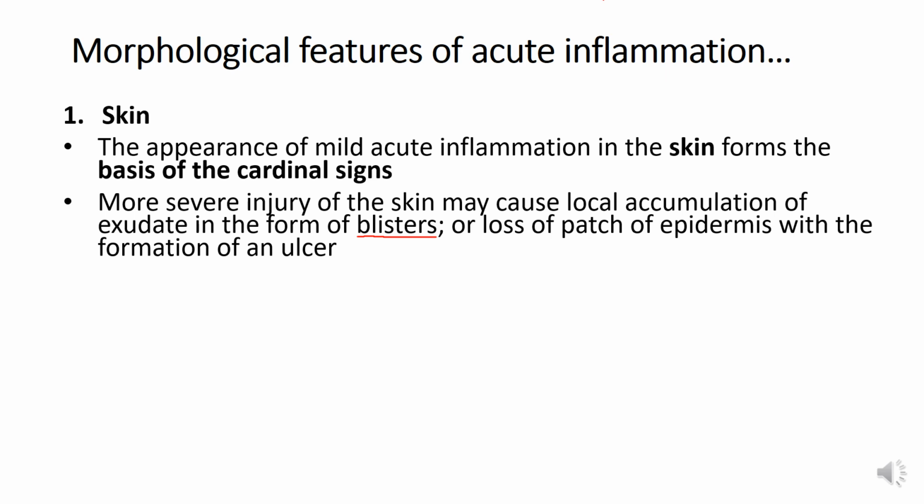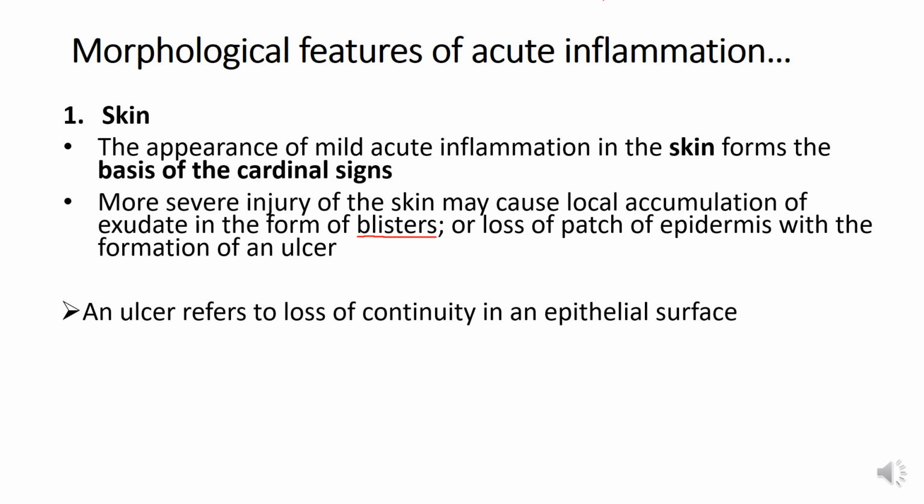A similar example can be given when somebody sustains a burn. That inflammatory process on the skin leads to blistering. Those blisters are just because of exudate formation. Sometimes the injury may be severe enough so that there is loss of part of the dermis. When that happens, we call it an ulcer. And so we can easily define an ulcer as loss of continuity in an epithelial surface.